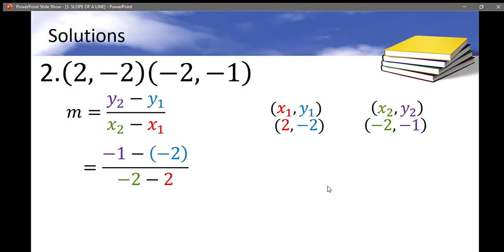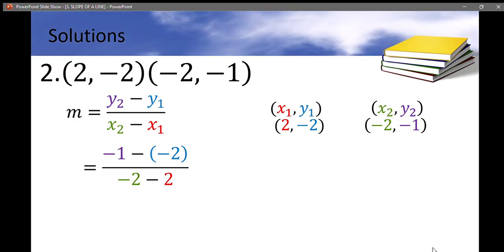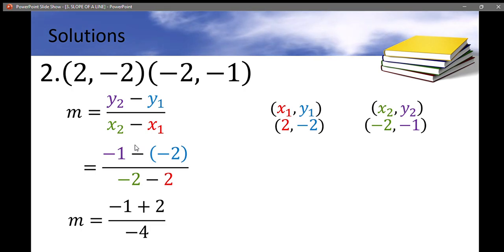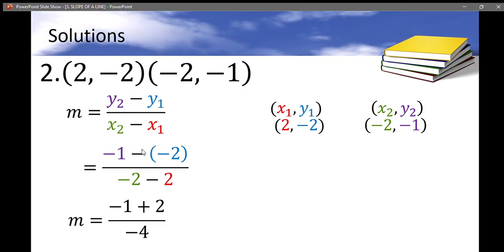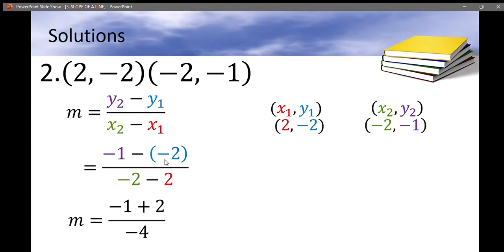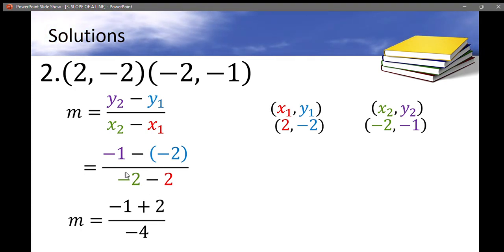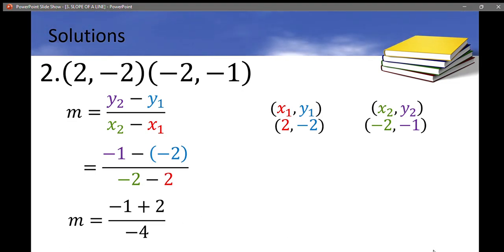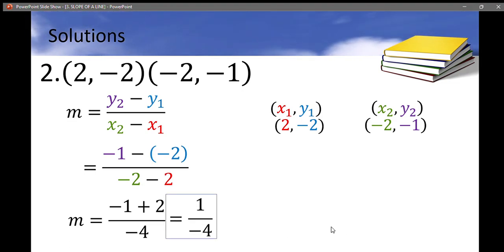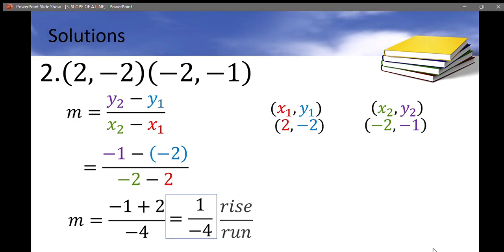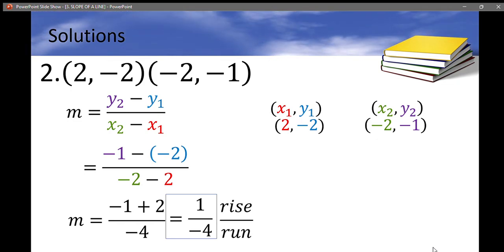Then apply the operations. Applying the rule of subtraction of integers, we have negative 1 plus 2 in the numerator, and in the denominator negative 2 minus 2, which is negative 4. Simplify further: we have 1 over negative 4. So our rise is 1 and our run is negative 4.